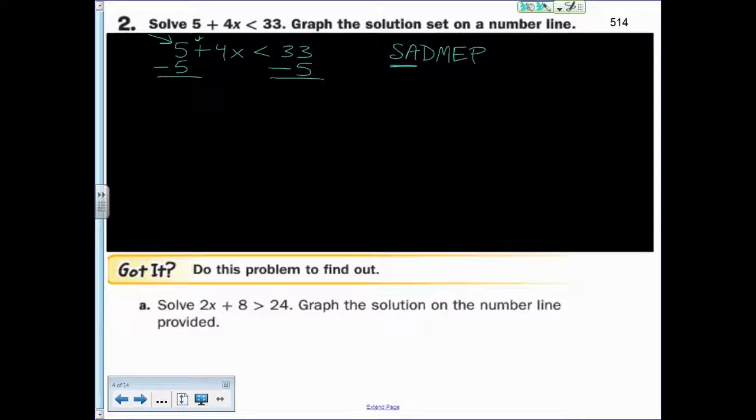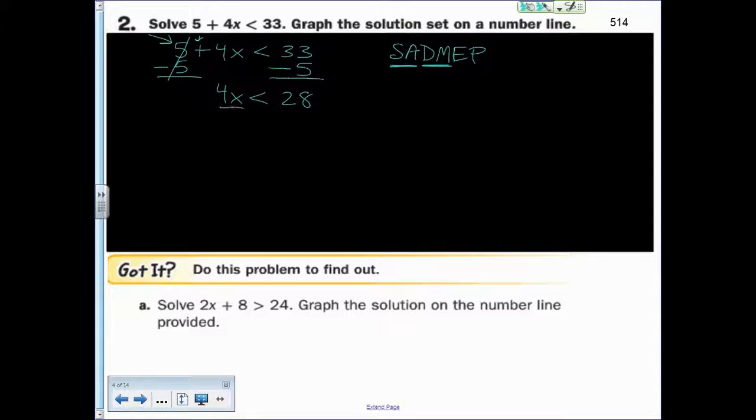You will recall that we had problems like this when we did equations as well. Positive 5 and negative 5 are opposites, so they cross off. I will bring my 4x straight down. We did not multiply or divide by a negative, so my sign will stay the same. And 33 minus 5 is 28. Then we move on to take care of this multiplying by 4.